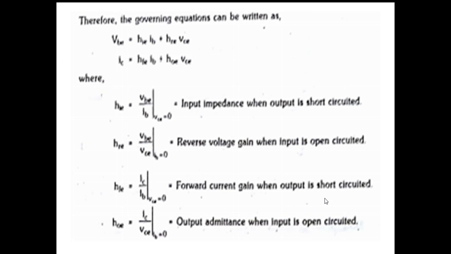Output voltage is 0. IC by IB, output current by input current. Next, HOE. This is output admittance when input is open circuited. Input is open circuit means input current is zero. Okay, these are the four hybrid parameters which are defined for the common emitter configuration.